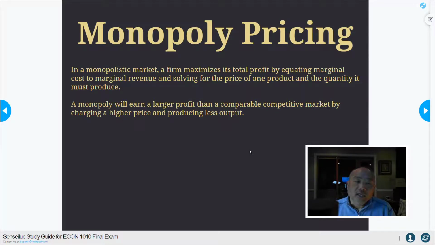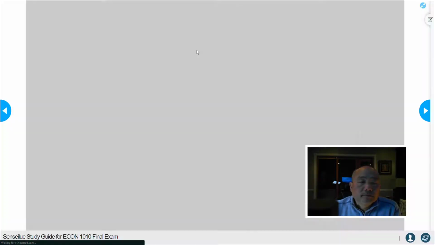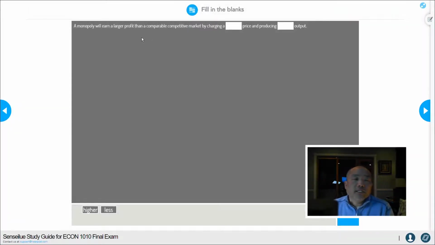A monopoly will earn a larger profit than a comparable competitive market by charging a higher price and producing lower output. So in this question here, it says a monopoly will earn a larger profit than a comparable competitive market by charging a higher price and producing less output.